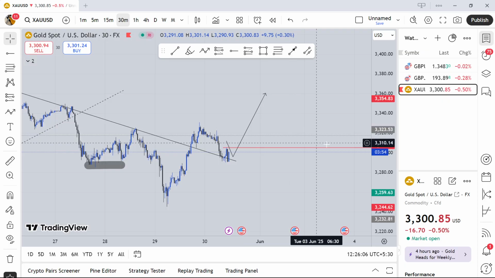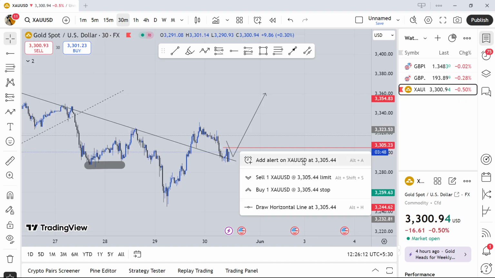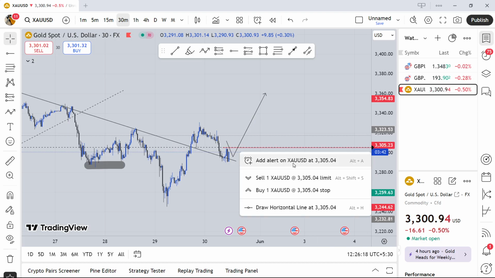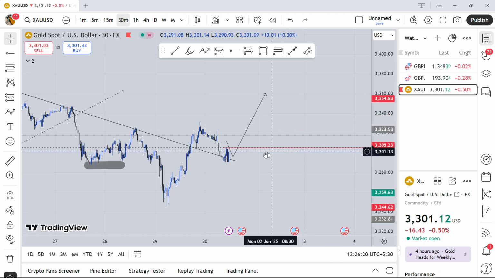So that's what we're waiting for. To make it easy, we just put an alert: come here, click here, and add it on this level. Once the market reaches there, it will give us an alert.